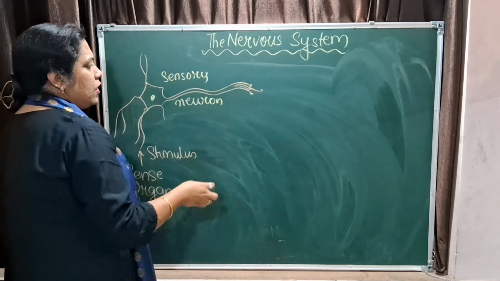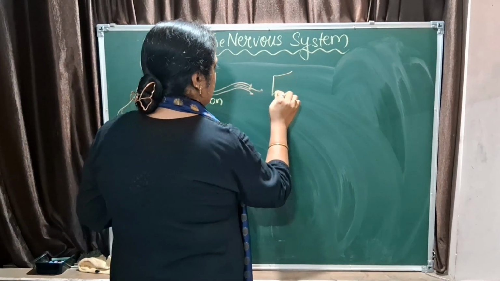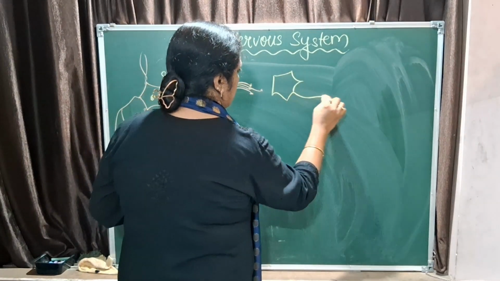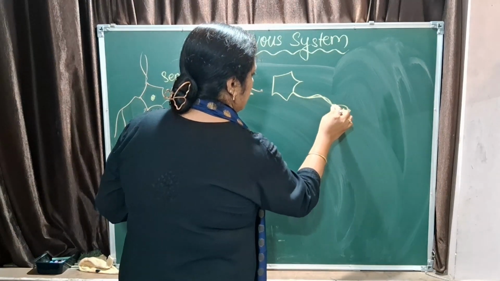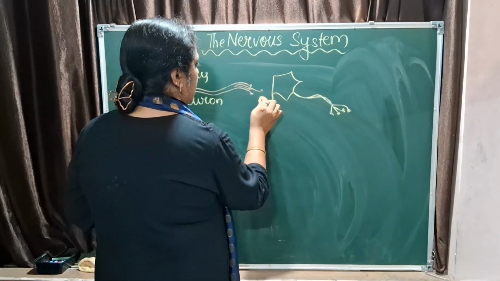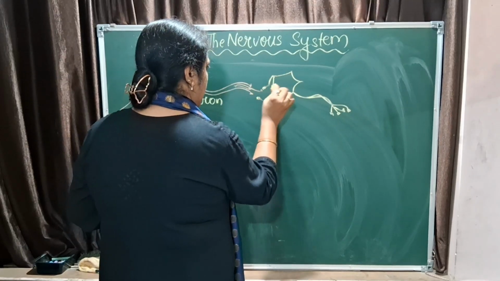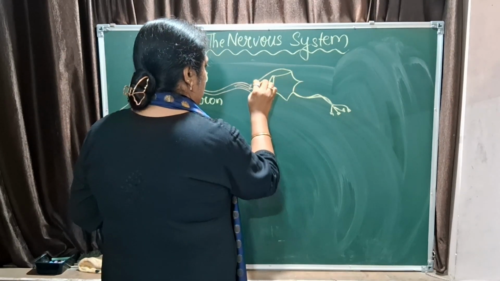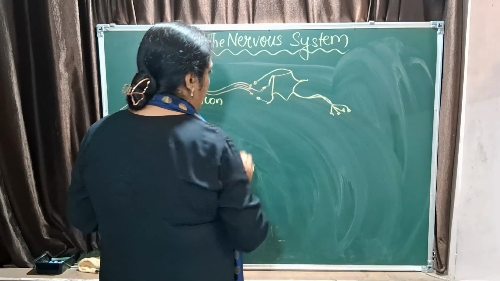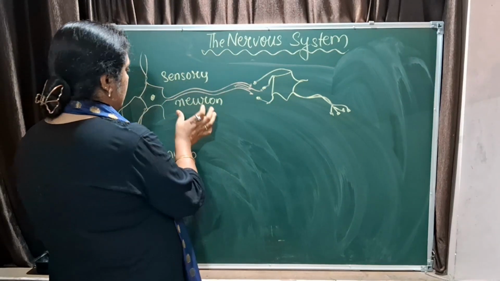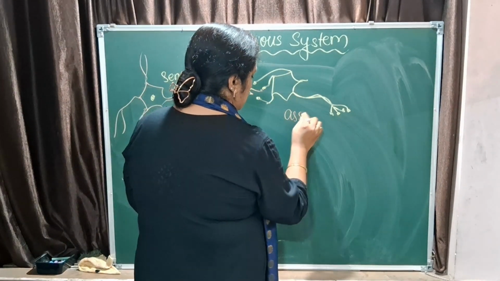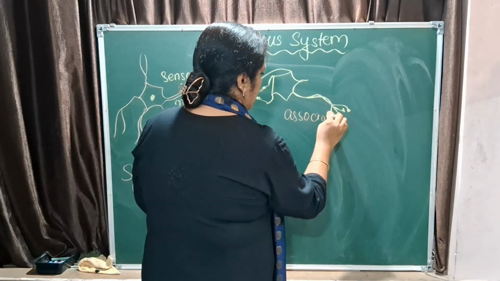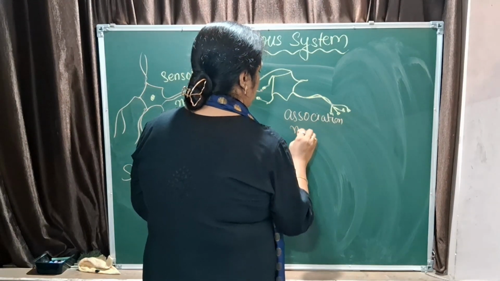Okay. Now here sits the association neuron. I will not be drawing a very clear, very neat diagram, you just understand. Right, you can see here there is a small gap between the sensory neuron and this one, the association neuron.